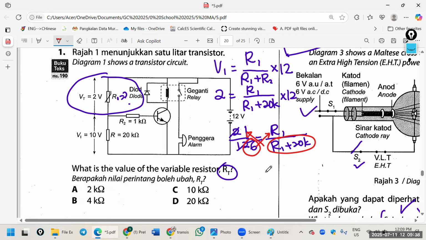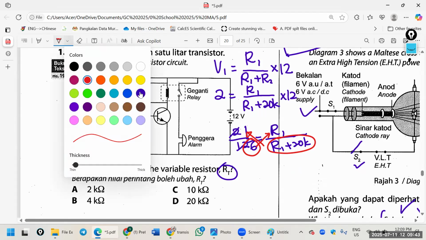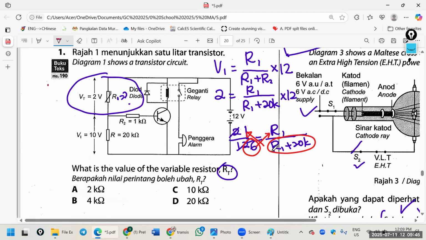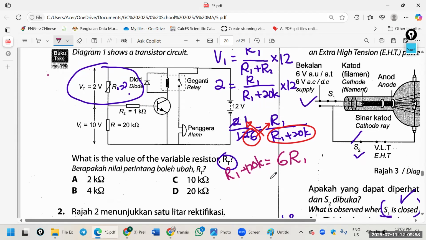So 6 R1 equals R1 plus 20K, right? Then 20K equals 6R1 minus R1, 5R1.